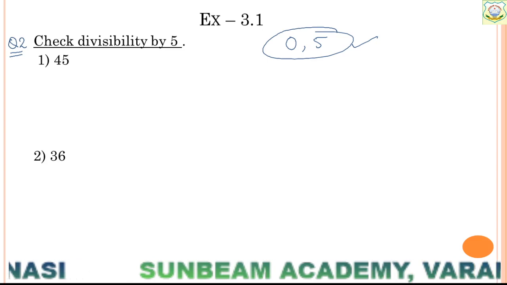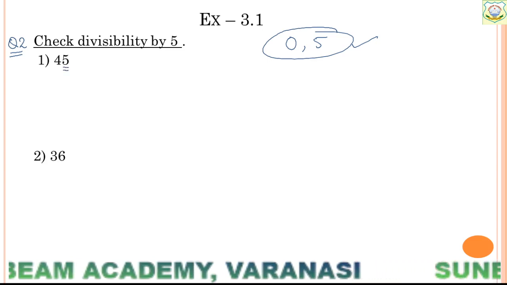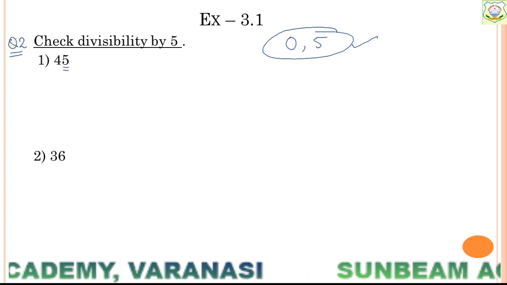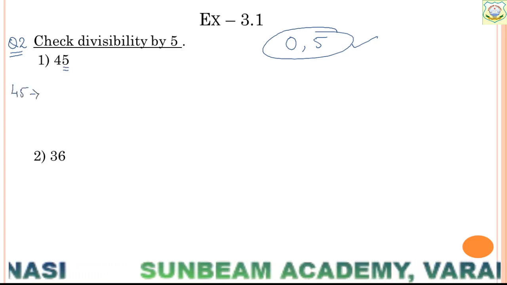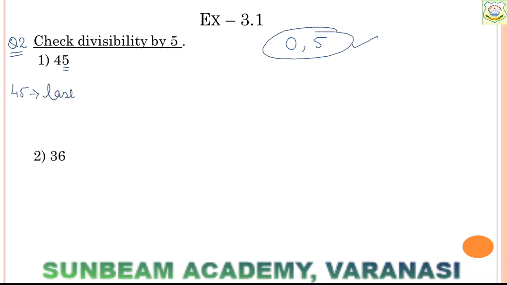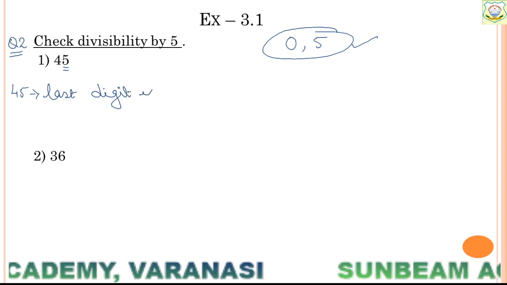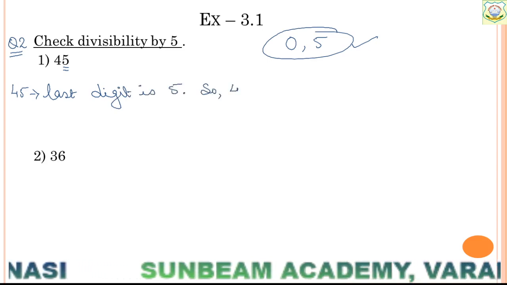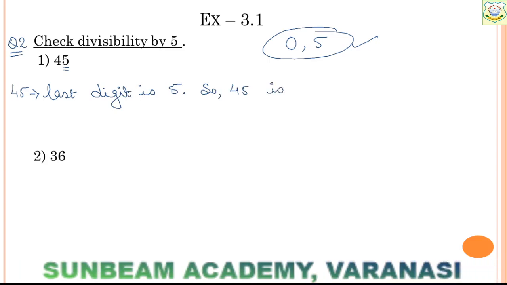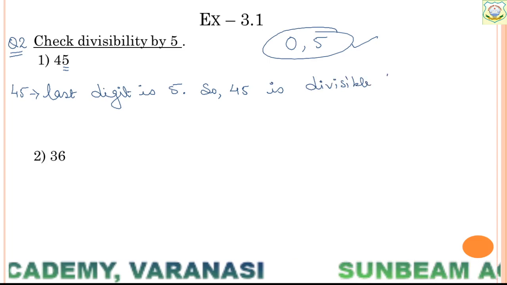Now here the number is 45. So you can see here the ones place, or the last digit, is 5. So let's write the answer. Last digit is 5. So 45 is divisible by 5.